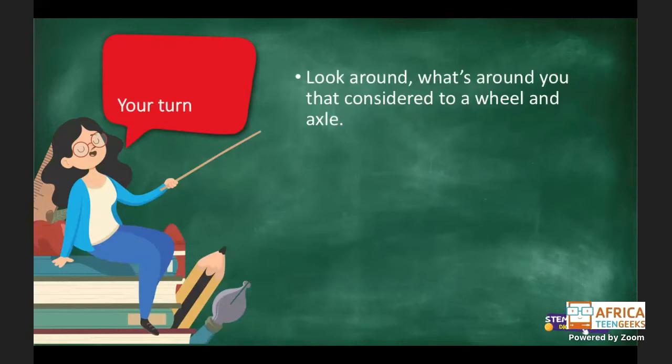Look around. Okay, now it's your turn. Look around. What's around you that is considered to be an axle? What's around you that is considered to be an axle?